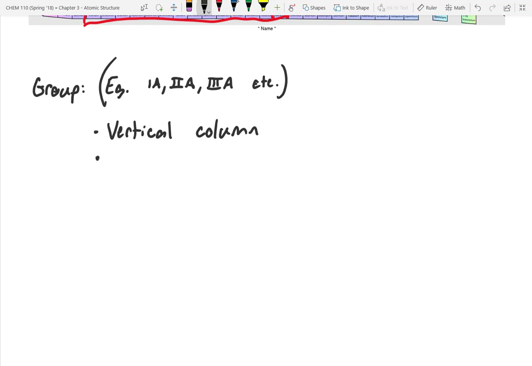And as you saw in the Brainiac video last week, anytime you have atoms in the same column, they tend to have very similar reactivities, right? And then the other interesting thing is that they're also all arranged so that they all have the same number of valence electrons.